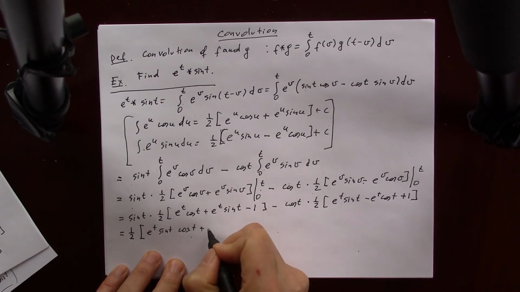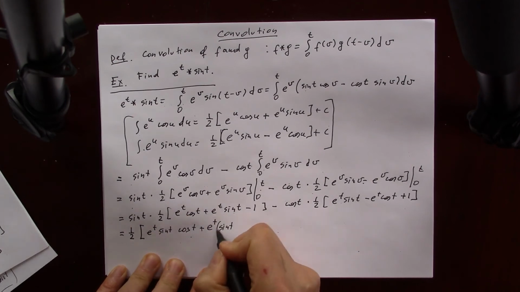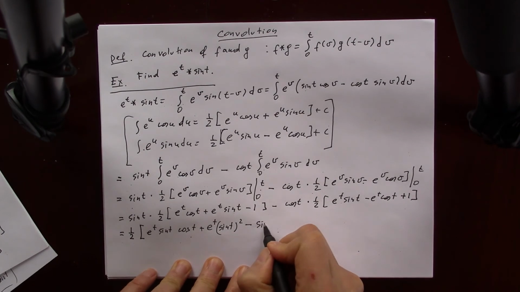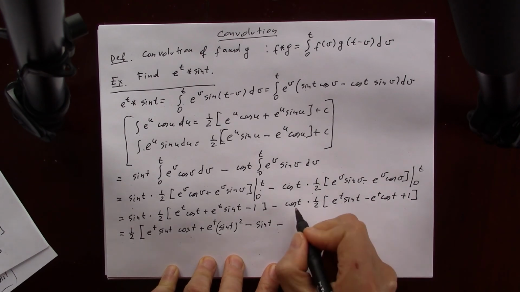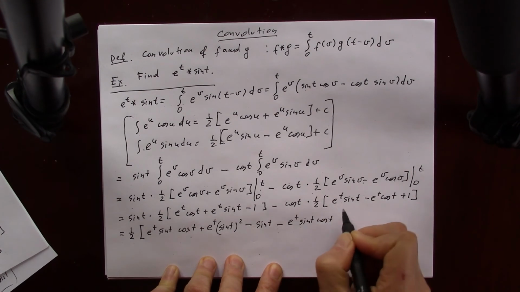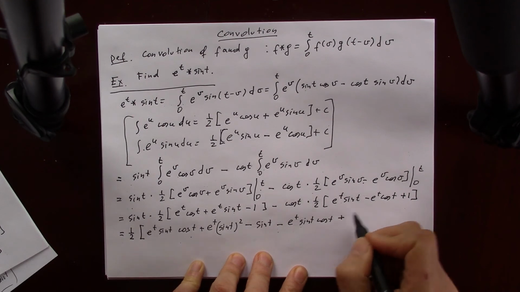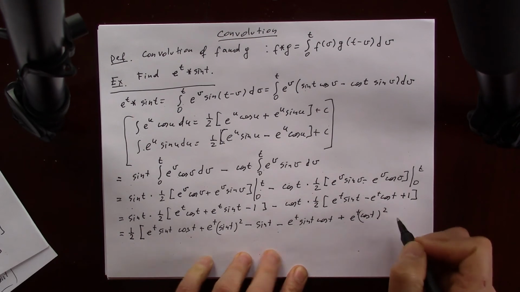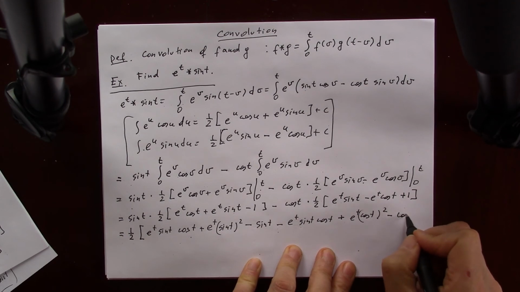The second is going to be e to the t sine t times another sine t, so sine t squared, minus sine t, minus e to the t sine t cosine t. That's this guy. Minus times minus gives plus, so e to the t cosine t multiplied by another cosine t, cosine t squared, minus 1 times cosine t.